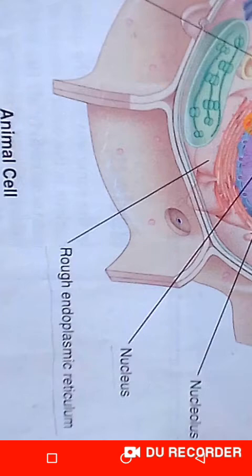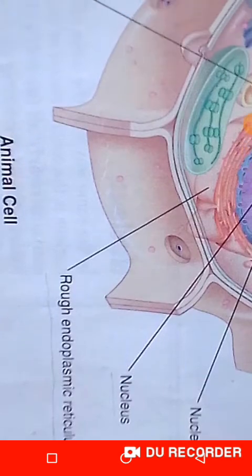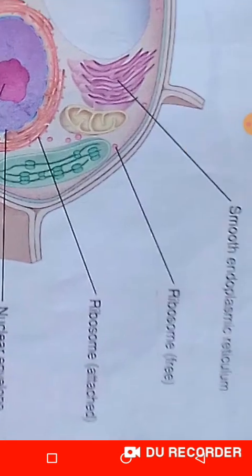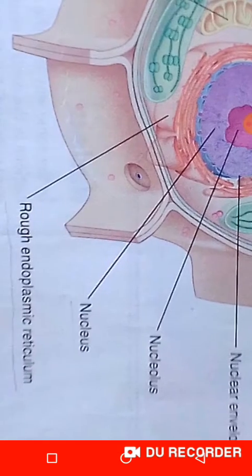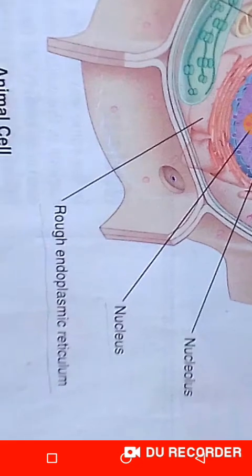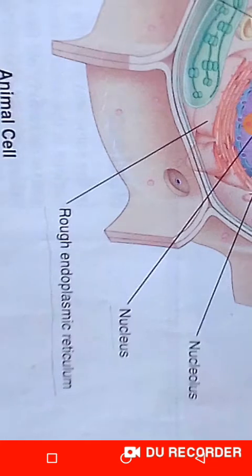Now, the endoplasmic reticulum. We have rough endoplasmic reticulum as well as smooth endoplasmic reticulum. They are responsible for the production of lipids and proteins. Both are responsible to form lipids and proteins.